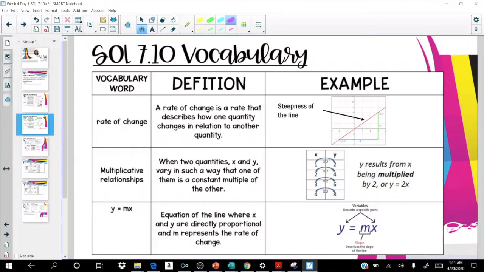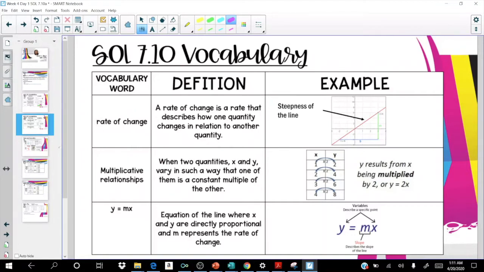Y equals mx is the equation of the line where x and y are directly proportional and m represents the rate of change. So if you look at our diagram, it breaks down the equation. Y is equal to mx. Y and x are variables that describe a specific point, and m represents your slope.